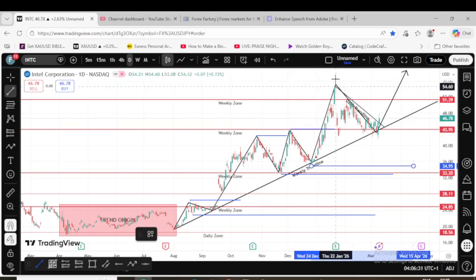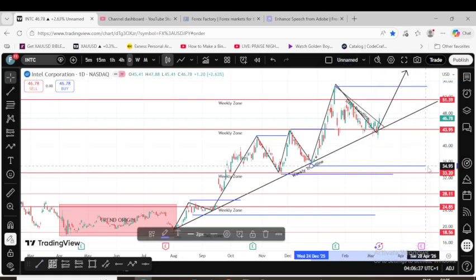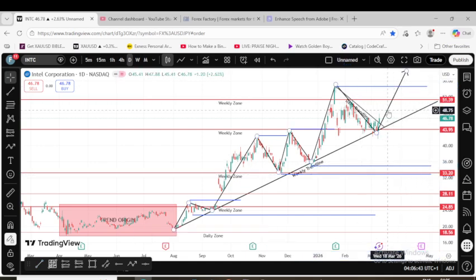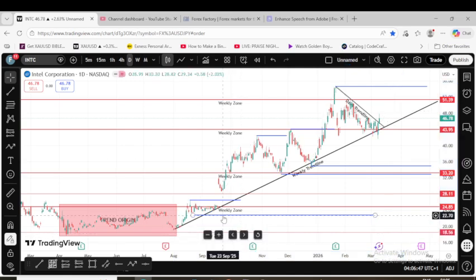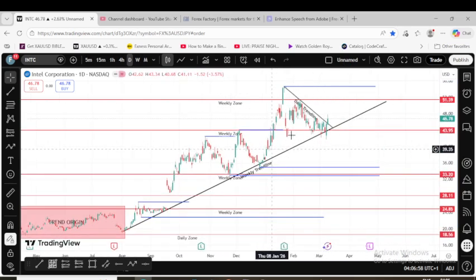And then this is our most recent swing high. Now let me delete this line like this. You can see that price has gone impulsive, correction, impulsive, correction, impulsive. And it's currently in the middle of the correctional phase. Price is going to move up.